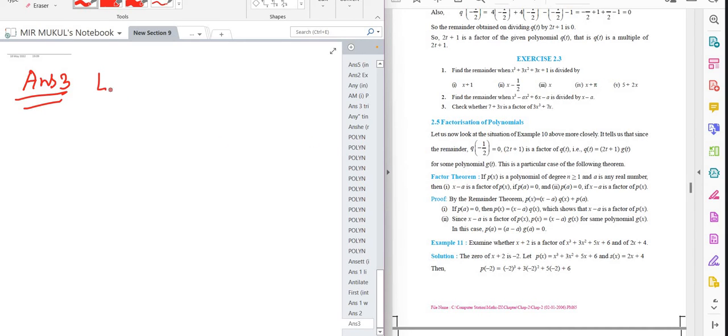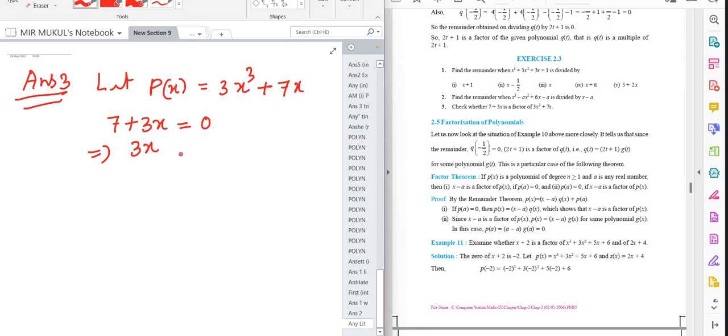So let p(x) equal 3x cube plus 7x, and you are dividing this polynomial by 7 plus 3x. So write it equal to 0. So 3x, this 7 bring to this side, so it will be minus 7. So x equals minus 7 upon 3.